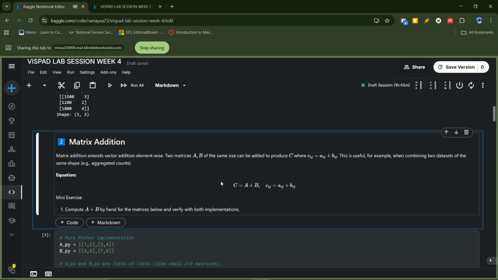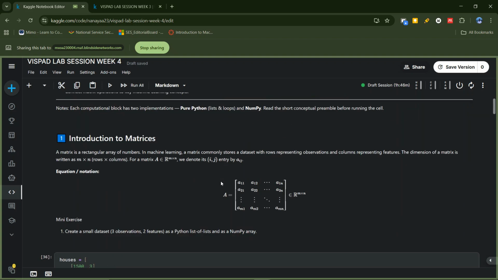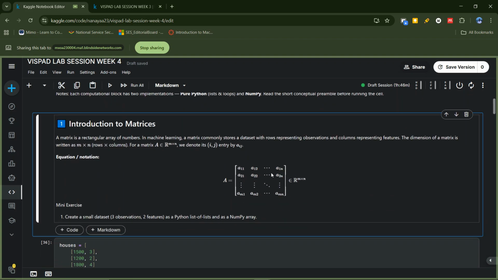Okay. So you remember over here, if you take this matrix A, element A 1 1, meaning your I is 1, your J is also 1, which also means your element is on the first row and also on the first column.